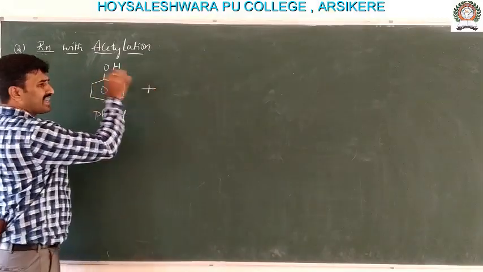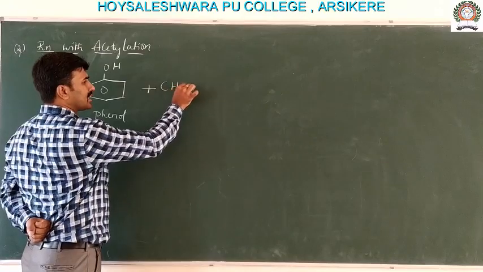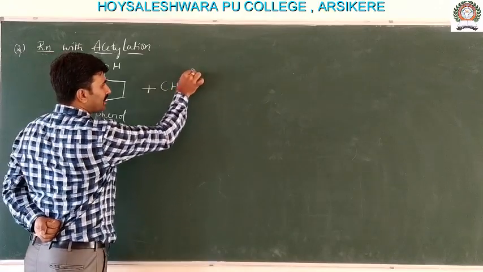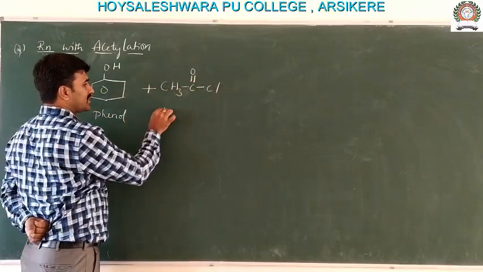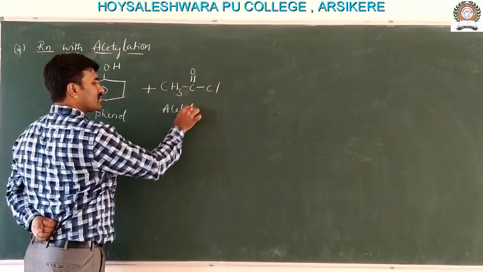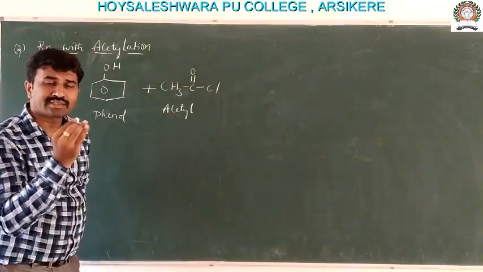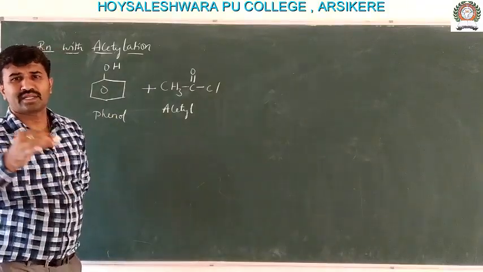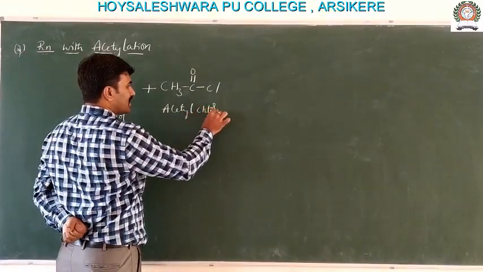Phenol upon reacting with, see, acetyl chloride, we know that the molecular formula of acetyl chloride is CH3COCl. This is acetyl chloride which is prepared from treating acetic acid with a chlorinating agent, that is thionyl chloride.